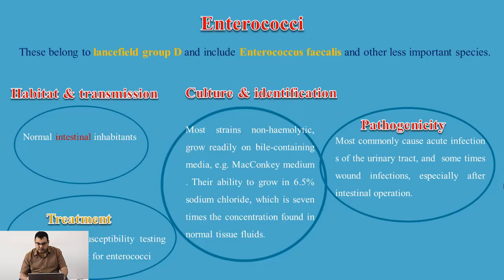Enterococci. Enterococci belong to Lancefield group D and include Enterococcus faecalis and other less important species. Habitat and transmission: normal intestinal inhabitants. Culture and identification: most strains are non-hemolytic and grow rapidly on bile-containing media, for example MacConkey medium. They can grow in 6.5% sodium chloride, which is 7 times the concentration found in normal tissue fluids.